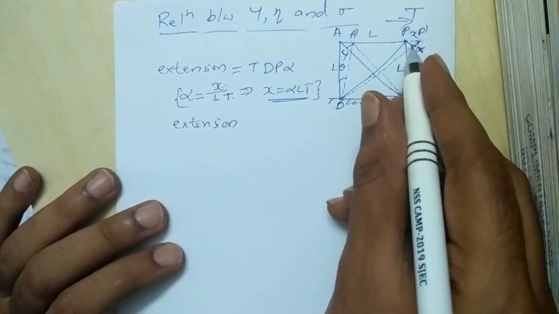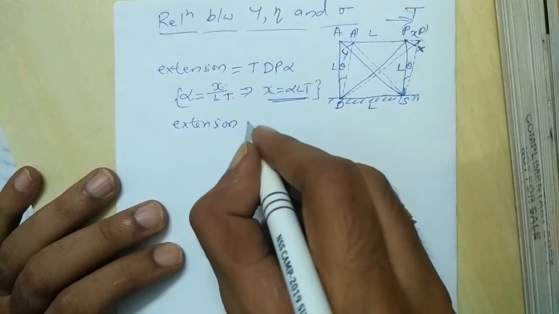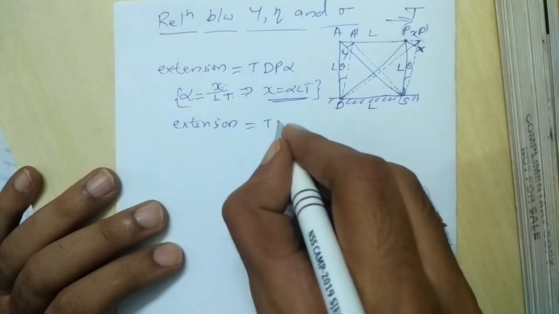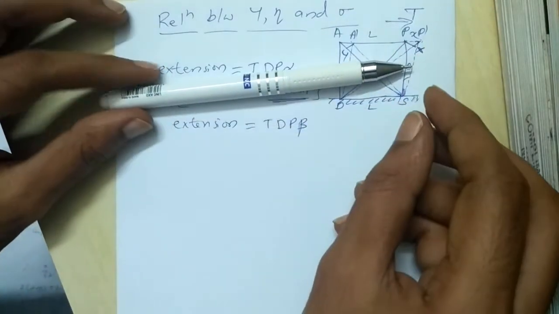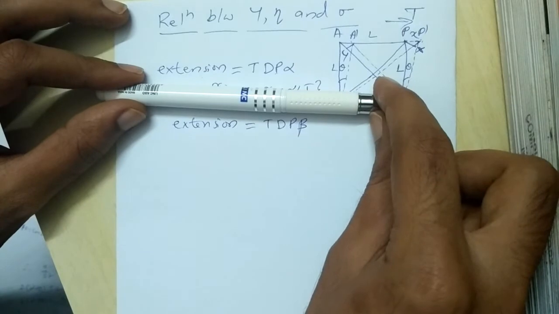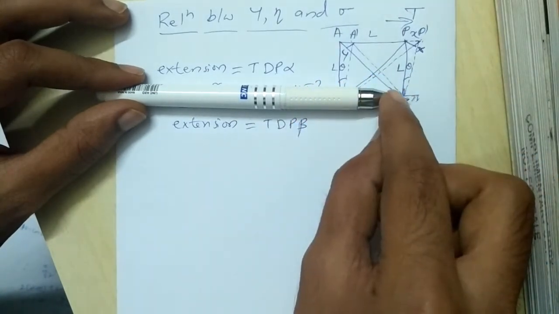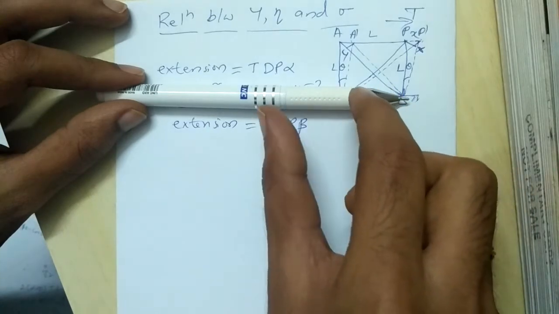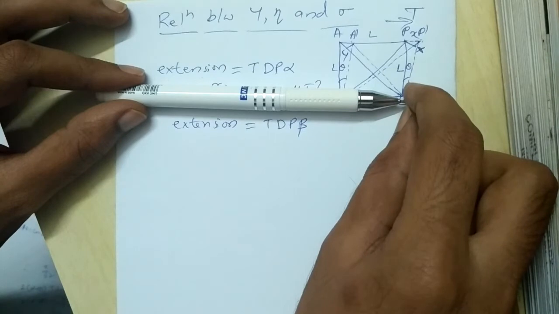for the length dP due to the compressive stress is equal to T into dP into beta. Like if I have a wire or a rod like this, as I stretch the wire there is an extension produced along this direction. Why? Because the molecules of this material are moving apart, that's why there is an extension.